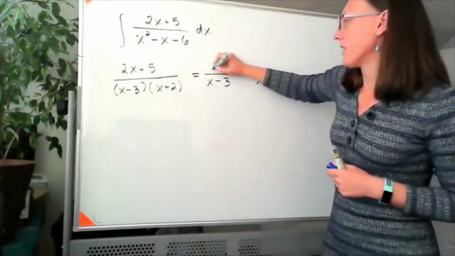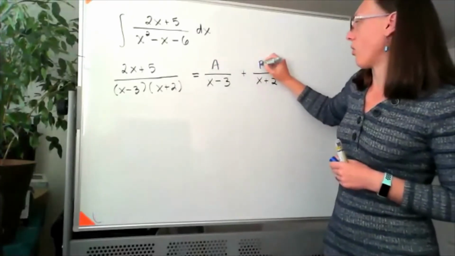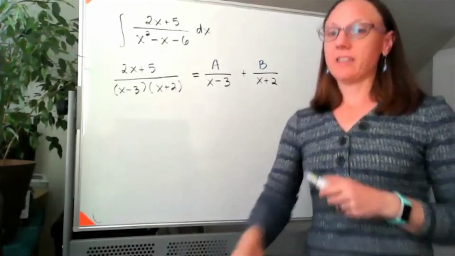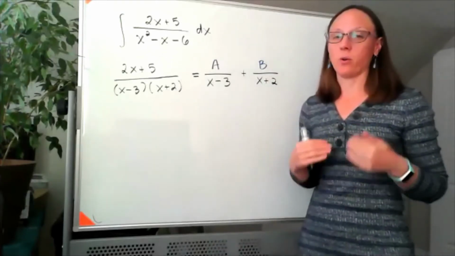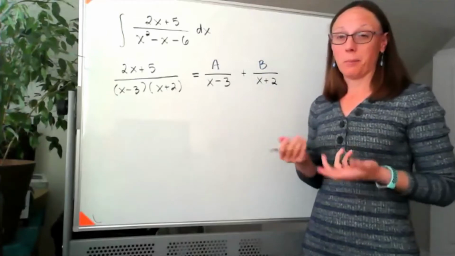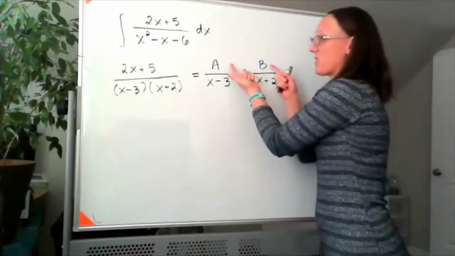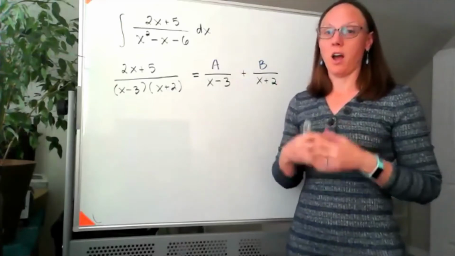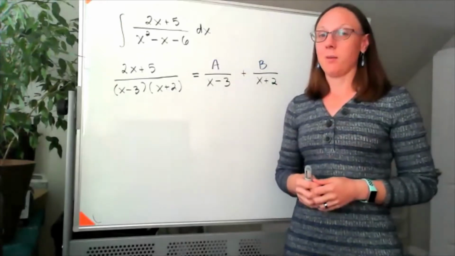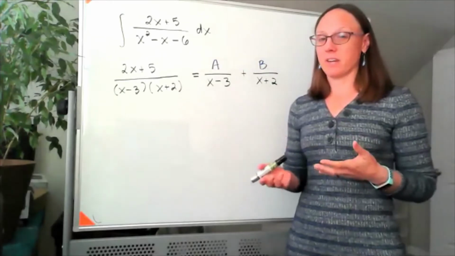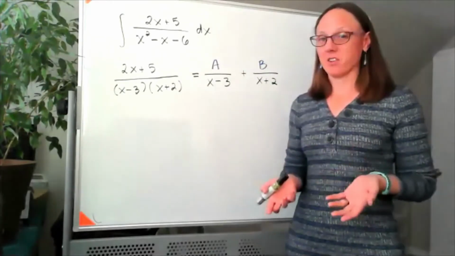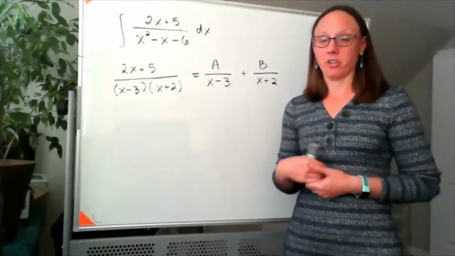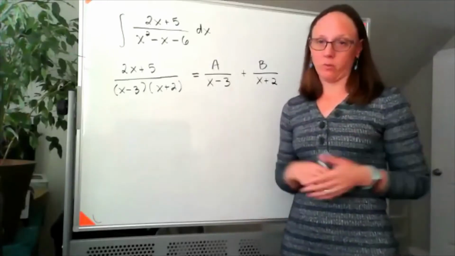I'm just going to call this A, and I'm just going to call this B. There are at least 2 choices for how to work through this problem, but our intent is to solve for the values of A and B. Both options work 100% of the time, but usually for a given circumstance, one option is a little bit faster or easier on the algebra than the other. So I'm going to show you my favorite version, and if y'all hate it, we'll do the other way.